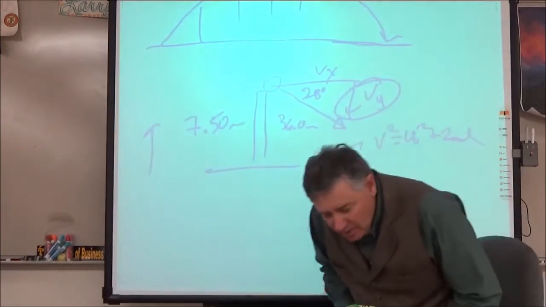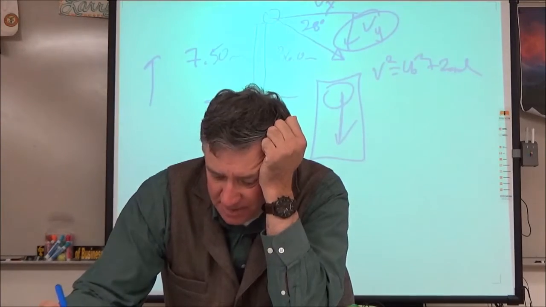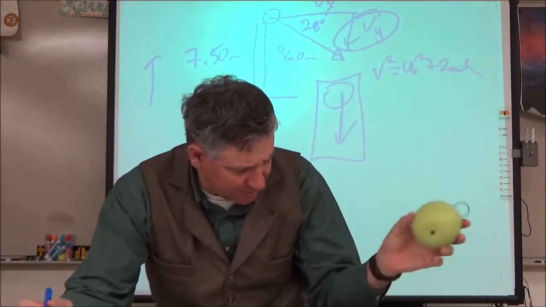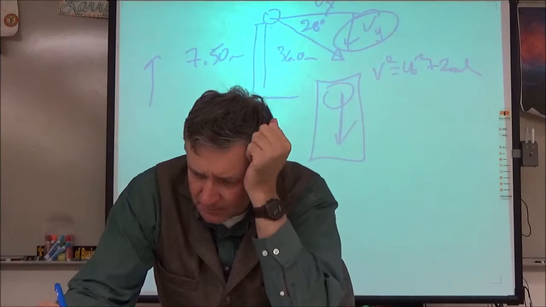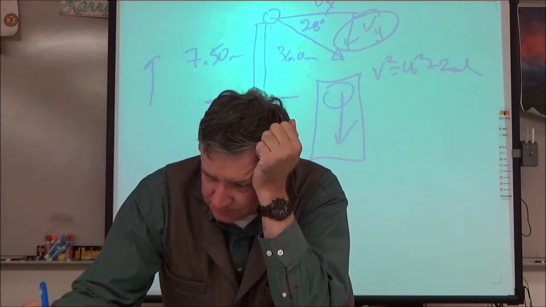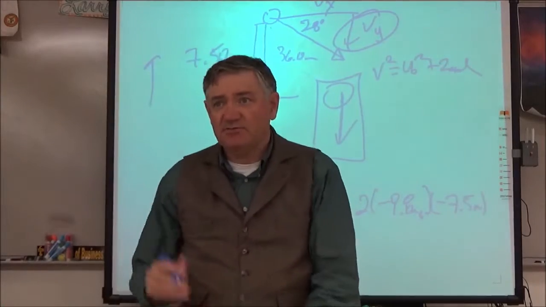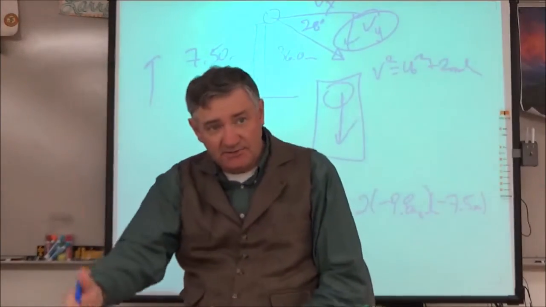So what you have to watch is that when you use that equation, you have that initial vertical component, 16.9 meters per second. And if you use negative 9.8 meters per second squared, then you've got to make that 7.5 meters distance a negative value.